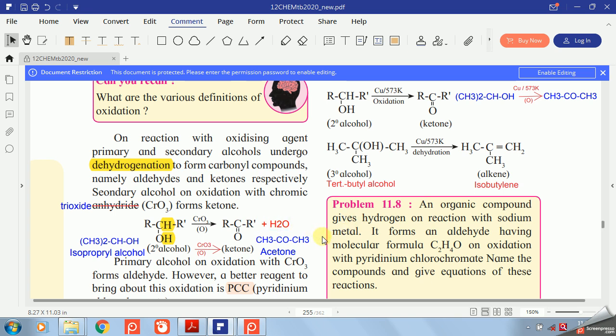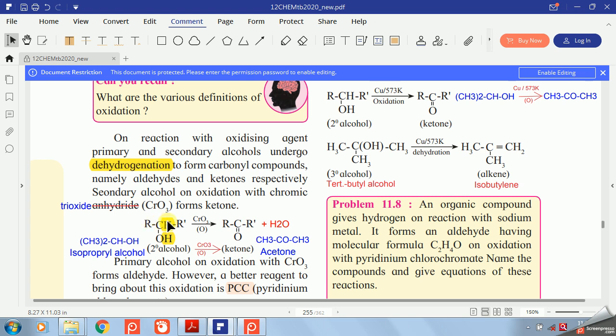So this is the byproduct. For example, write the R group as CH3.